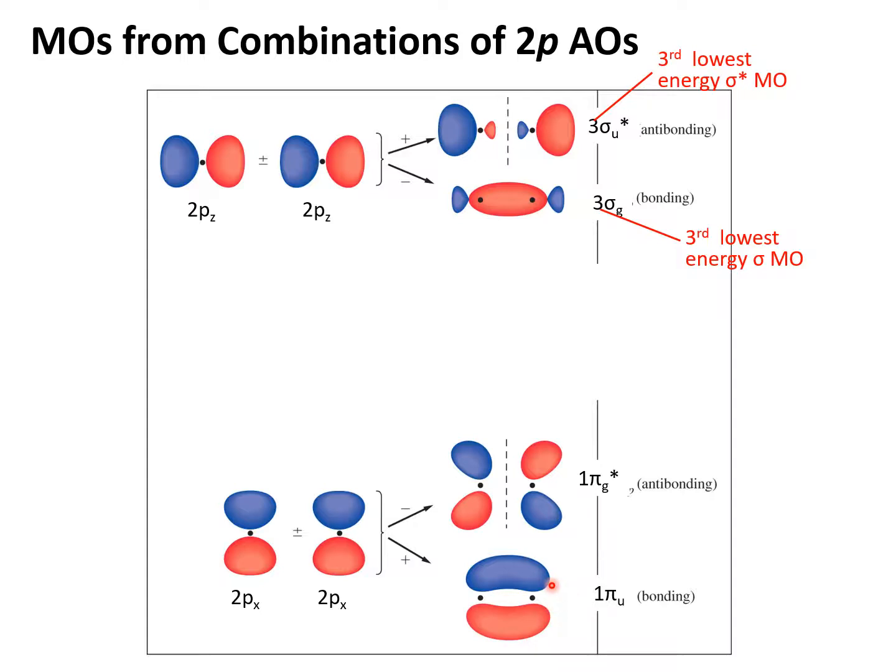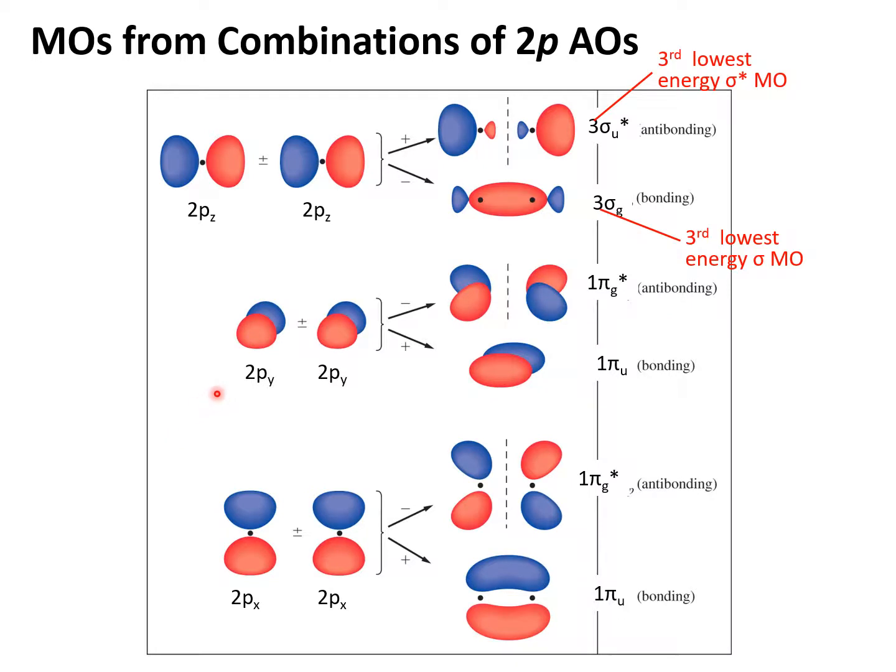Now, of course, there's another set of orbitals located along the y-axis, and these orbitals are exactly the same as the 2px atomic orbitals, with the difference that they are rotated 90 degrees. And so the bonding and antibonding orbitals that result from the 2py atomic orbitals are identical, and they're just rotated 90 degrees.